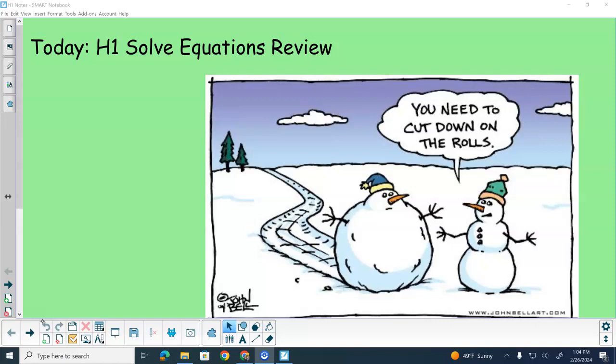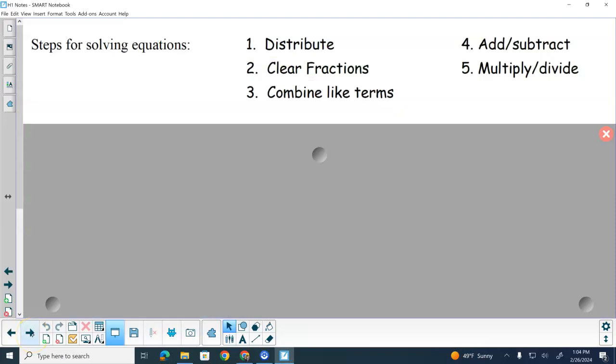Okay? So H1 is we're going to go back into solving equations for one variable. We did a lot of this right towards the end of first semester, and then did a lot more at the beginning of second semester. So we've got to remember our 5 steps. First off, we distribute. What is the point of distributing?